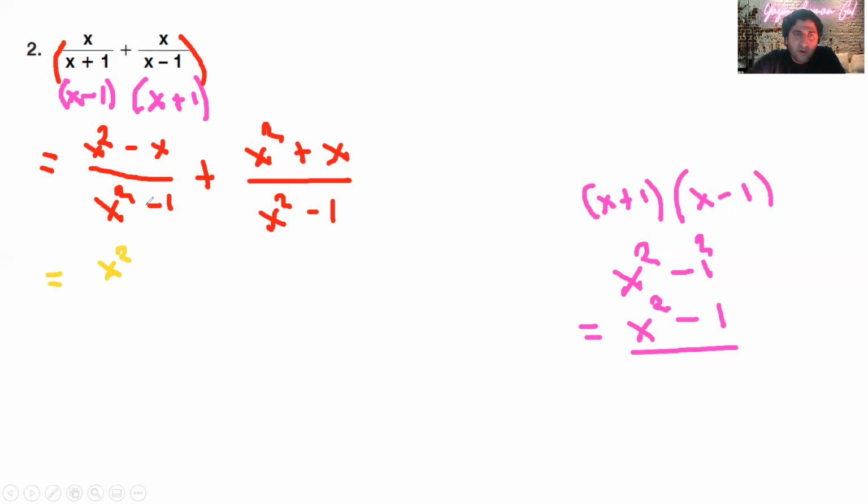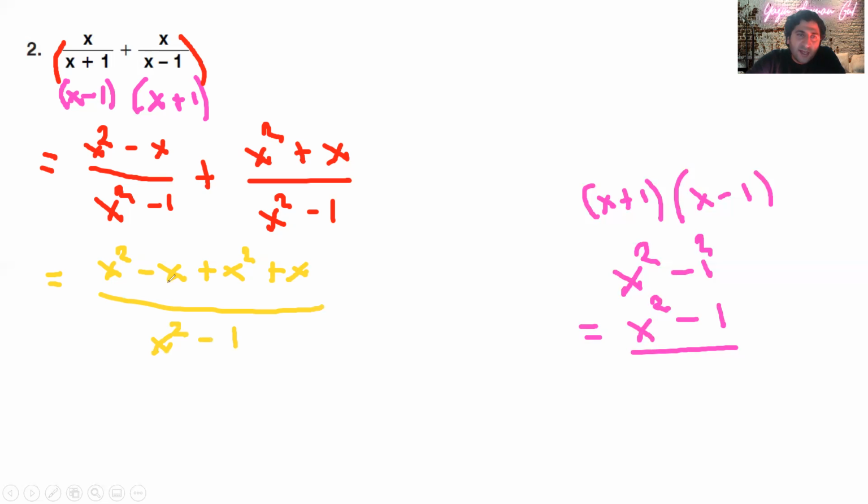Because I have the same denominators now, I'm just simply going to add the numerators: x squared minus x plus x squared plus x, over x squared minus 1. That's why I'm adding the numerators together.